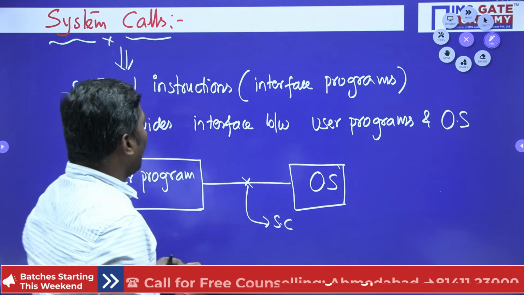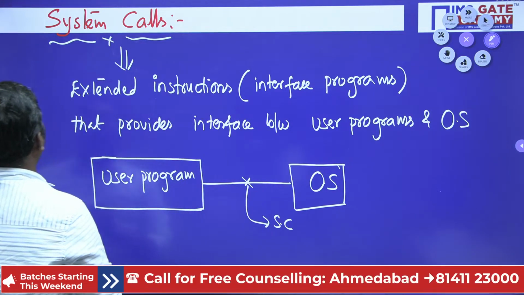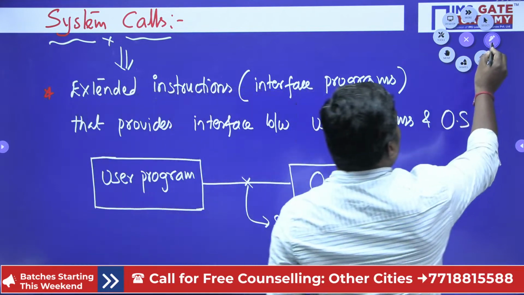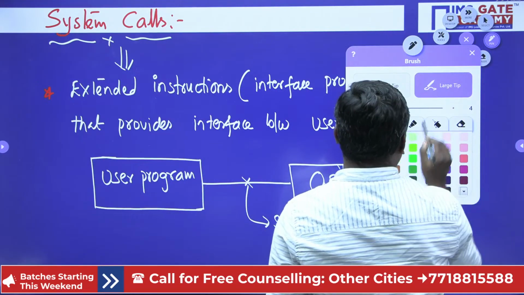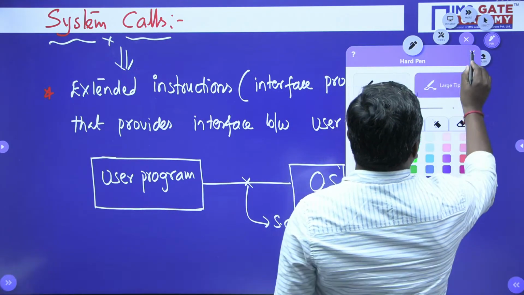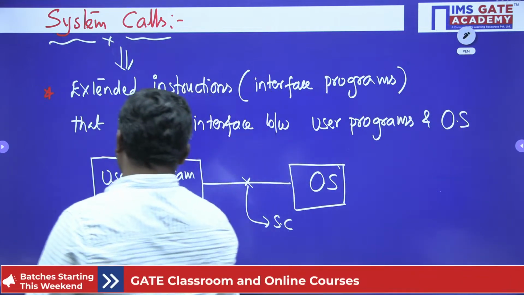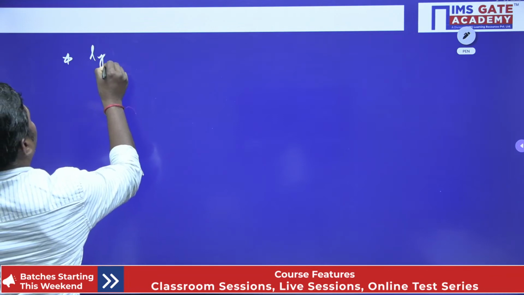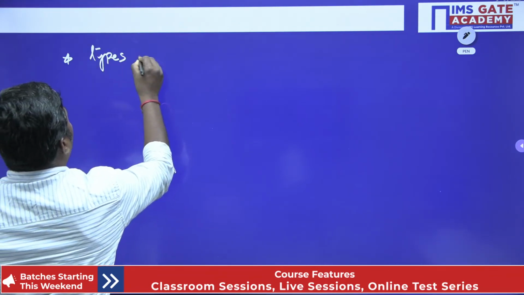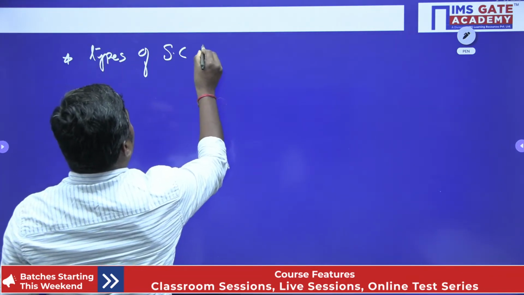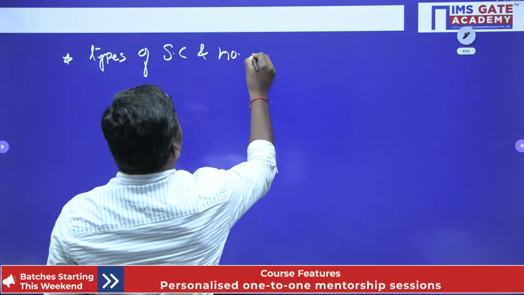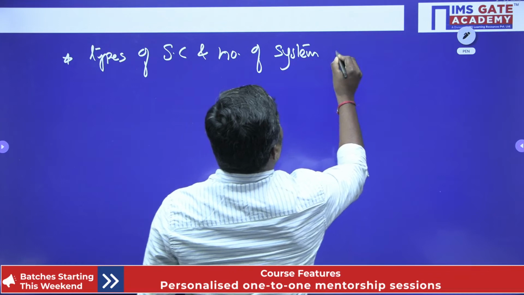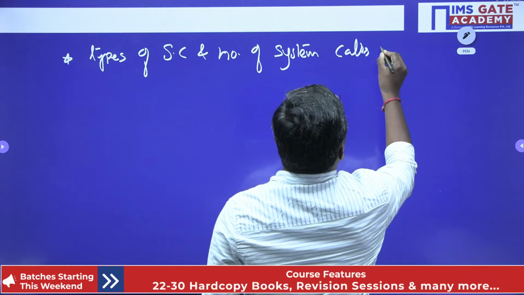So all operating system services can be obtained through system calls only. Please understand. Now, types of system calls and number of system calls. The number of system calls will vary.